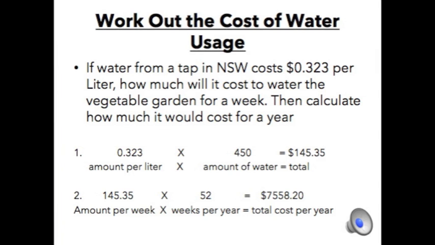So we're going to times 30 cents by 450 litres, which gives us a total of $145.35. So to find out how much it will cost per year, we're going to use the amount per week, which was $145.35, and times that by the total weeks in a year, which is 52, which gives us $7,558.20, which is the total cost per year.